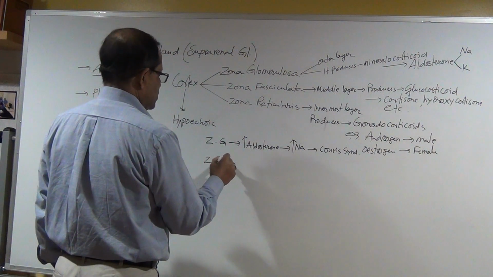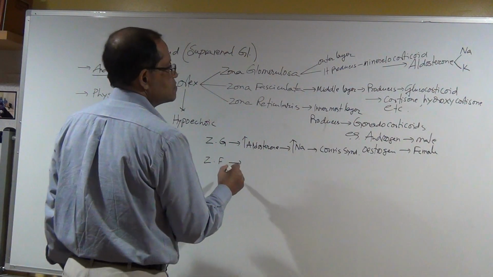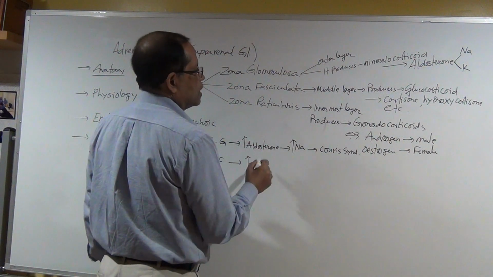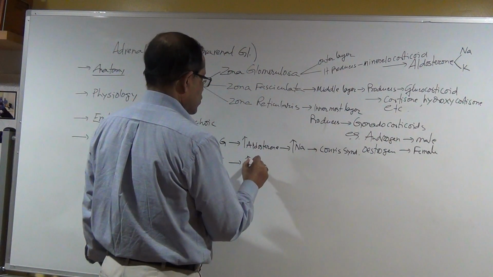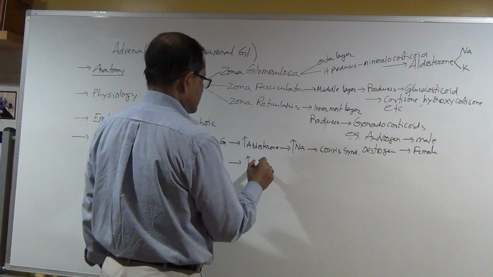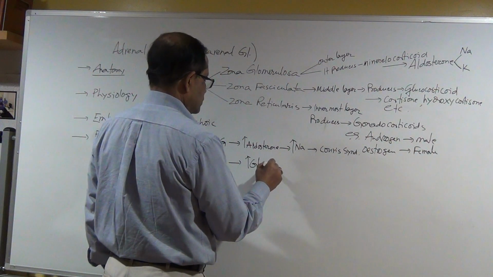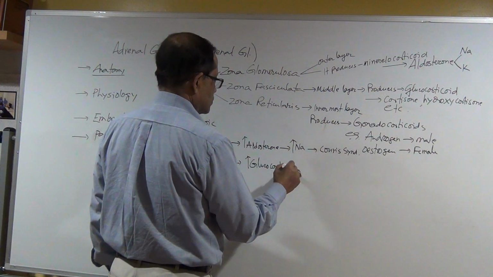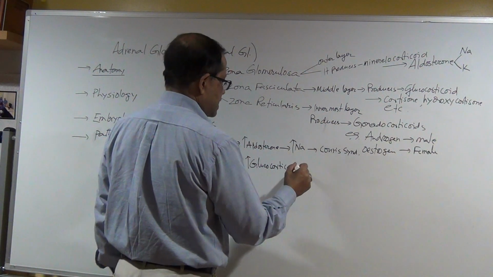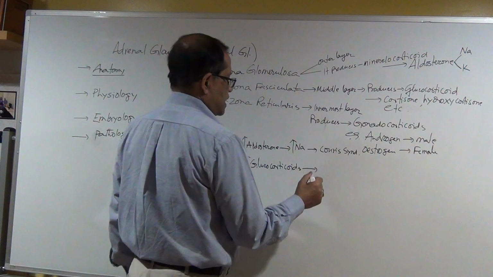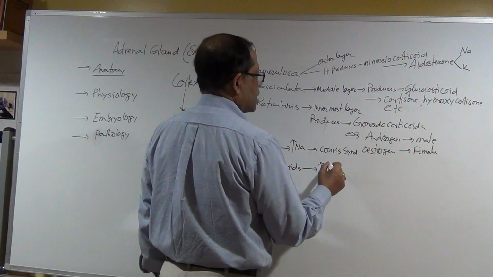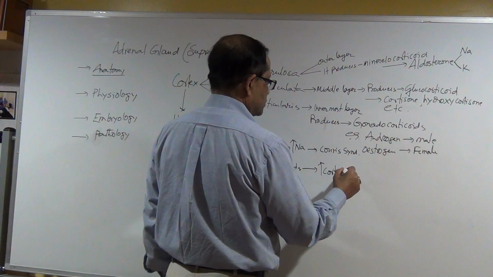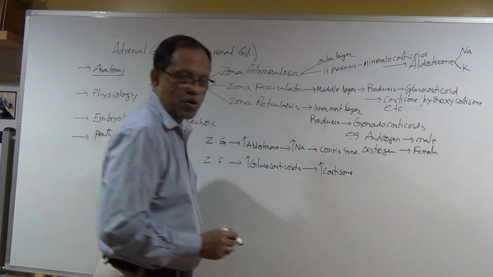Zona fasciculata. If the glucocorticoids are increased, that means increased cortisone. Increased cortisone hormone.